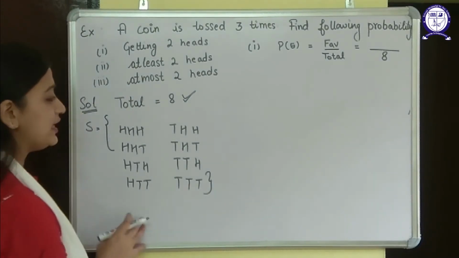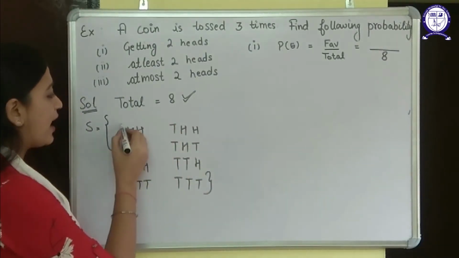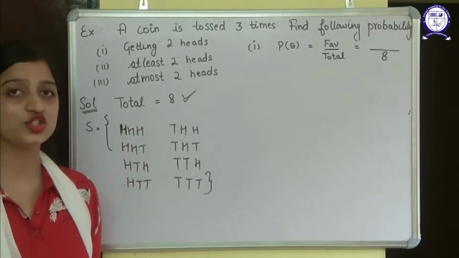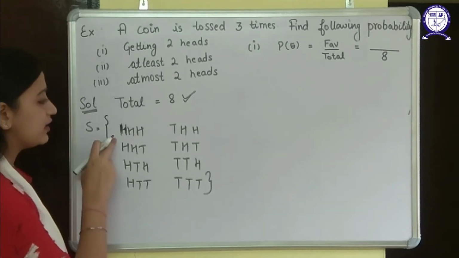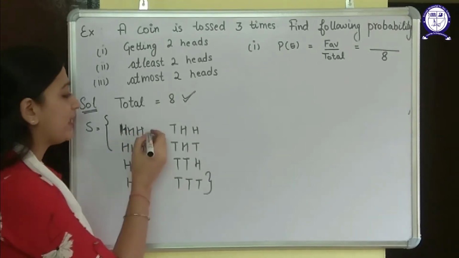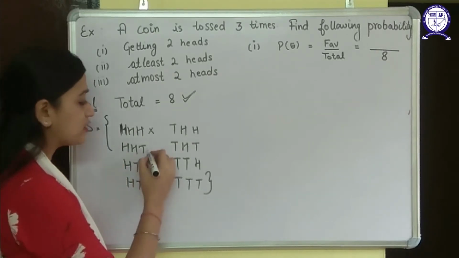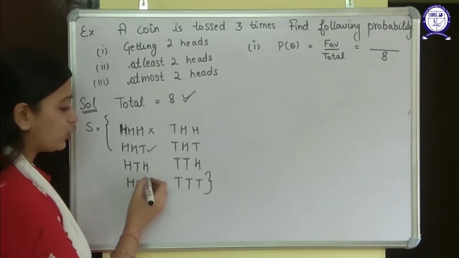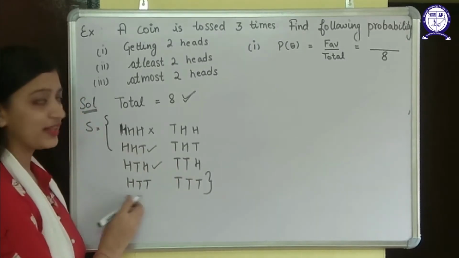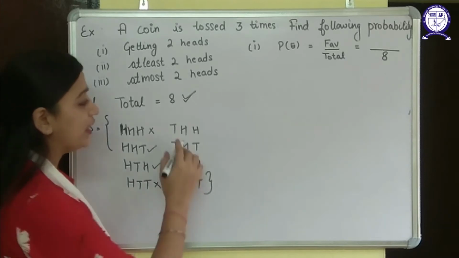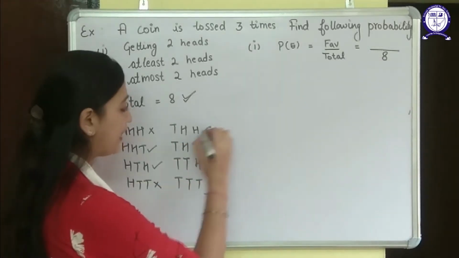So I will see this sample space and try to find where my number of heads is 2. I can see that here the heads are 3, so I cannot take this one. Now I have 2 heads in this, so I will take it. There are 2 heads, I will take it, but there is only 1 head, so I will not take this one. Now here I have 2 heads, I can take this.